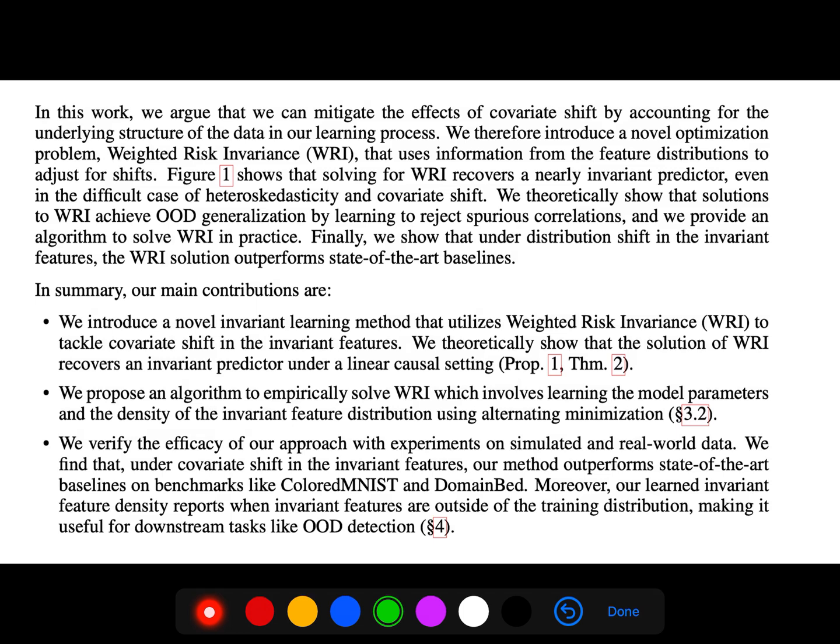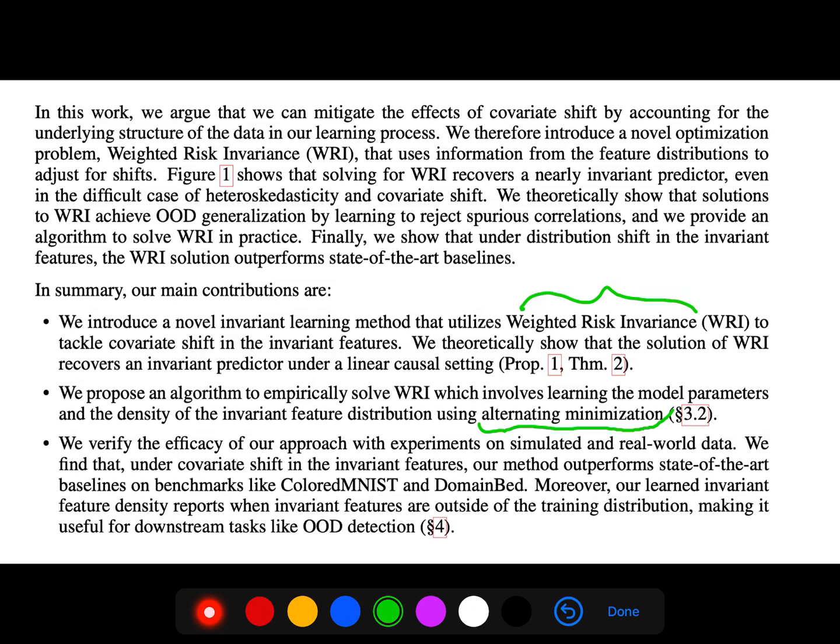We introduce a novel invariant learning method that utilizes weighted risk invariance to tackle covariate shift. They propose an algorithm to empirically solve it, which involves learning model parameters and the density of the invariant feature distribution. They do this using alternating minimization, which is very important in optimization.